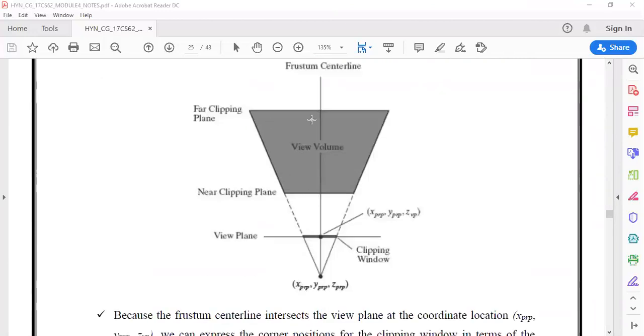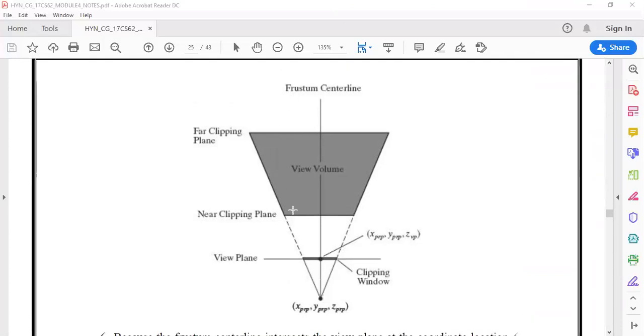You can see this point is the projection reference point, xprp, yprp, zprp. We draw one line from this point to the view volume such that the line is perpendicular to the view plane, which makes my view volume appear symmetrical to the view plane. The point projected on the view plane, as we had earlier, is xprp, yprp, and zvp.